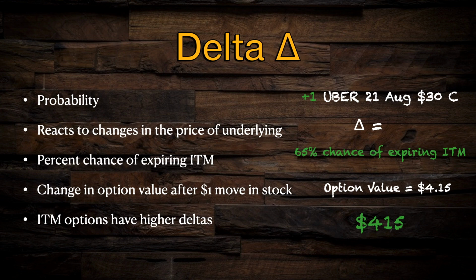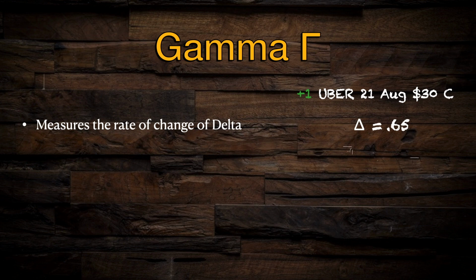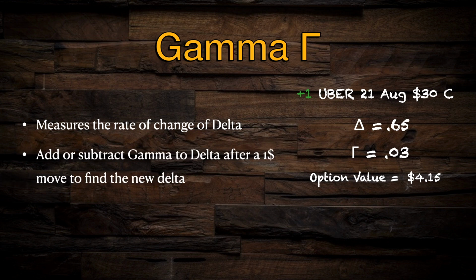The second Greek, gamma, is related to delta and can help us understand the rate of change of delta as the price of an underlying security moves. In the previous example, if the option had a delta of 0.65 and a gamma of 0.03, then if the underlying stock increased by $1, we can then add gamma to the old delta to find the new delta of 0.68.